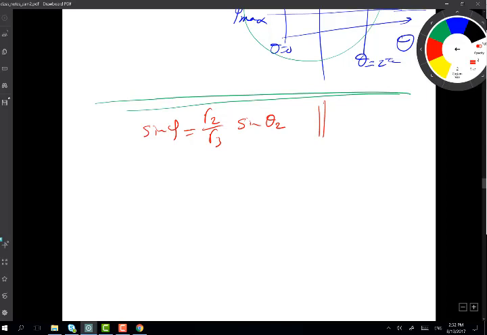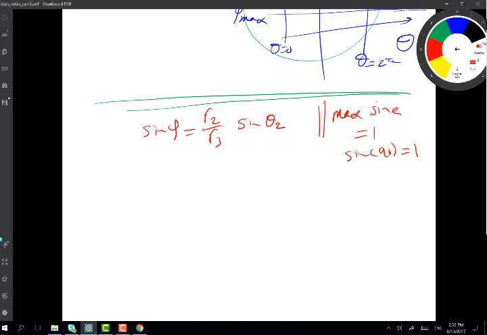You know that the maximum of sine is equal to 1, which is sine 90, or pi over 2. It cannot be greater than this. So if you get sine phi equal to 1.2, it means the linkage is going to stall at this specific value of theta 2.